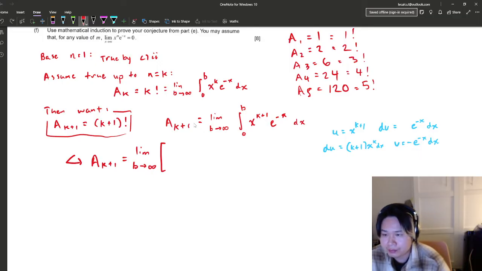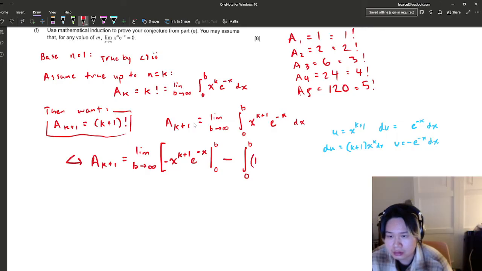So we have x to the k plus 1 times negative e to the negative x, and this is from b to 0, minus the integral from 0 to b of du times v.